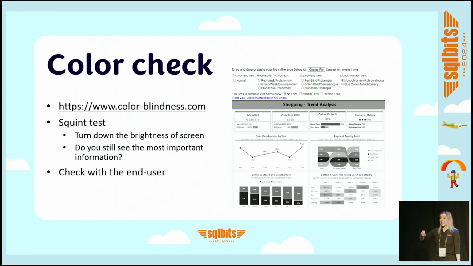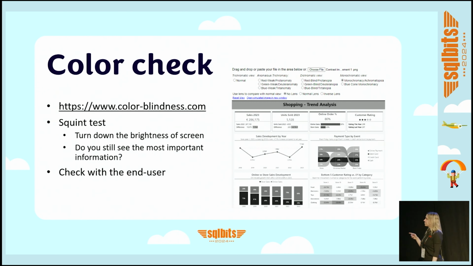So this is really handy if you want to check if the contrast is high enough. I've seen in quite some of my reports that the colors looked all the same. And then you can use a legend, but then also everything looks the same. So that's really, really nice.